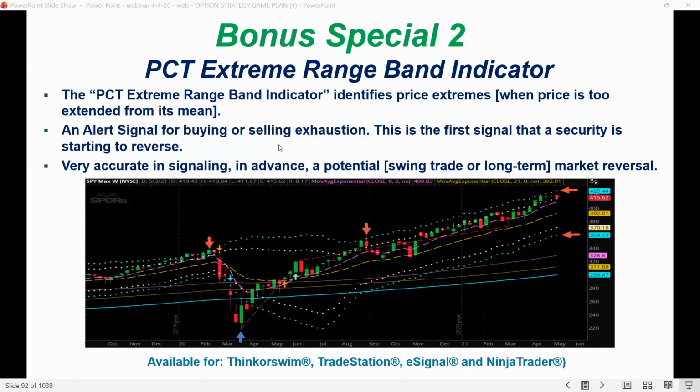So that becomes the first signal that a security is starting to reverse. It's very accurate for signaling in advance potential changes in cycles that you can use for your swing trades or longer term market trend trades. These bands are measured by average true range, and that's how we use them.